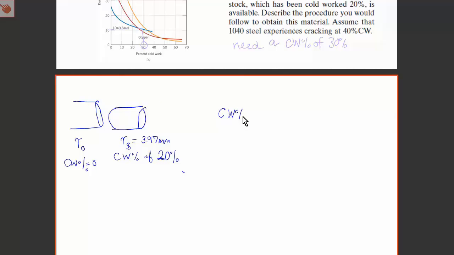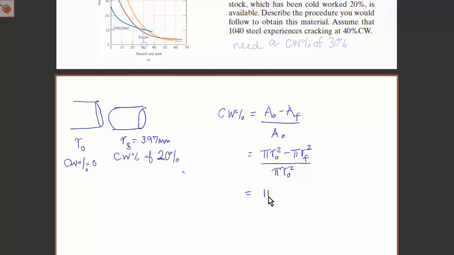Cold work percentage is equal to the original area minus the final area over the original area. This will equal the original radius squared times pi minus the final radius squared, or in this case the supplied state, divided by pi r naught squared.